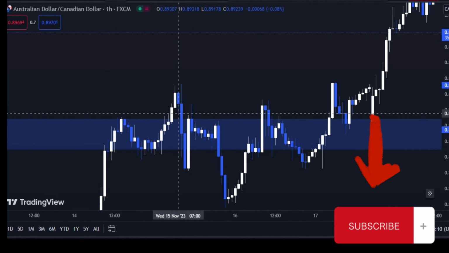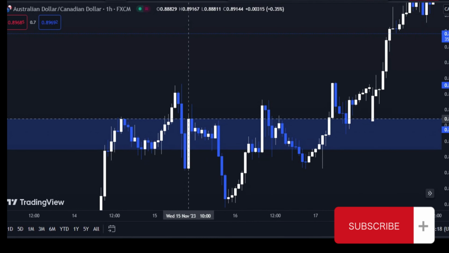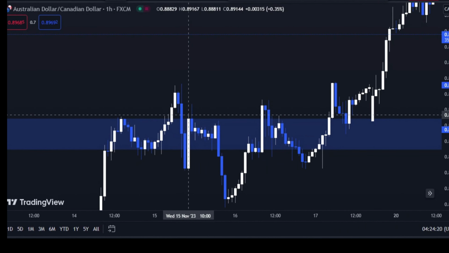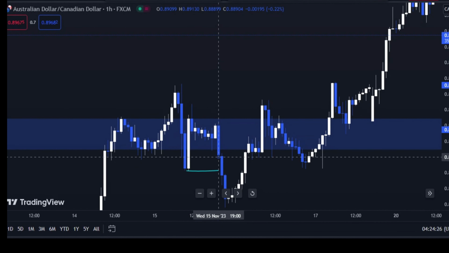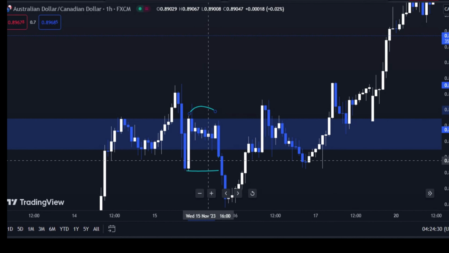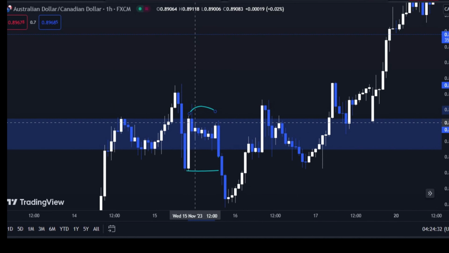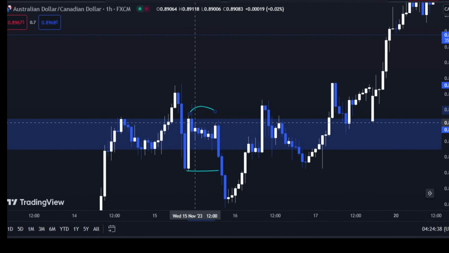This met our criteria for a valid pullback. Since price took out this candle's high and pushed up here, what we were waiting for is for price to finally take out the low of this to validate it as our valid pullback. So price finally took out the low of this here, validating this as a valid pullback.